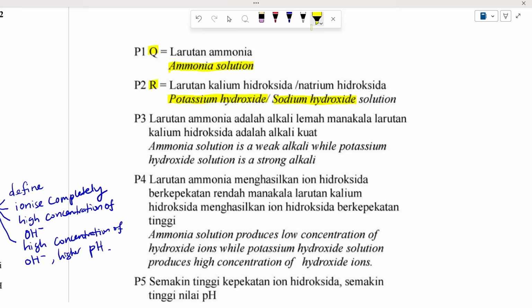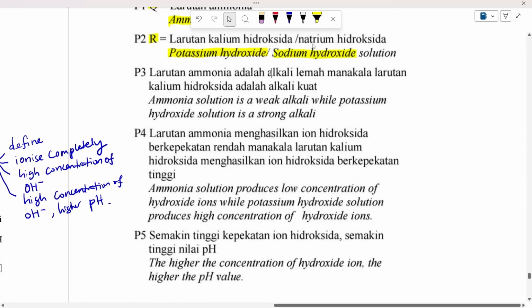Now point number 3: ammonia solution is a weak alkali, potassium hydroxide is a strong alkali. Then we add in, every time we mention it, ionize.